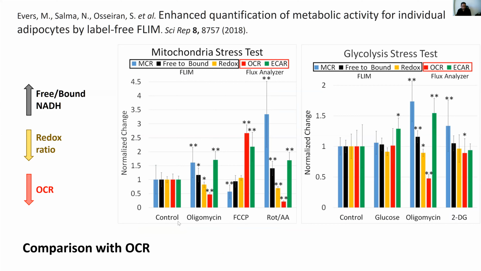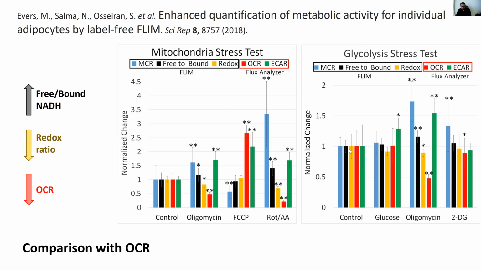And if you look at the mitochondrial stress test by oligomycin, FCCP, and rotenone, you see oligomycin increases the free to bound NADH ratio, these 2 go down. FCCP, it doesn't change a lot, decreases slightly, these 2 go up. Rotenone, this goes up, this goes down. What about glycolysis stress test?